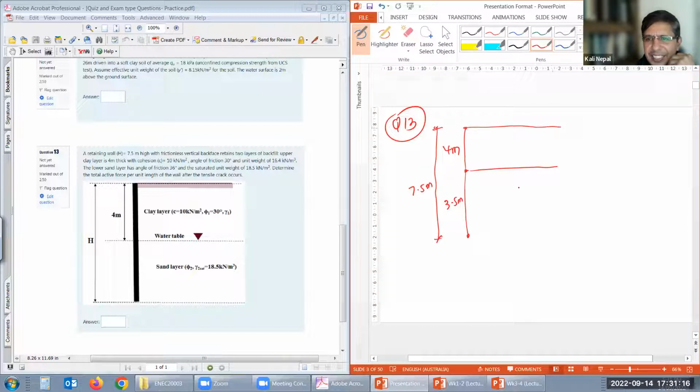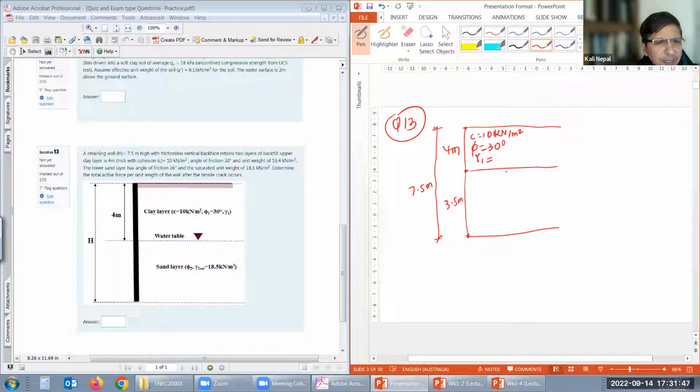So that's the clay at the top. Good. The clay layer has all its properties, and you need to write all those properties first. C equals 10 kilonewton per meter square. I wouldn't say clay, but it's a c-phi soil. Phi equals 30 degrees. And what's the gamma 1 value, the unit weight of the top layer?